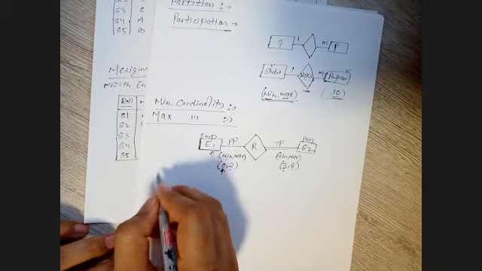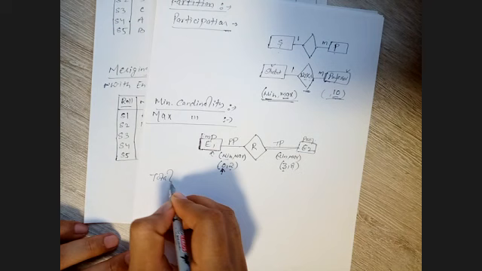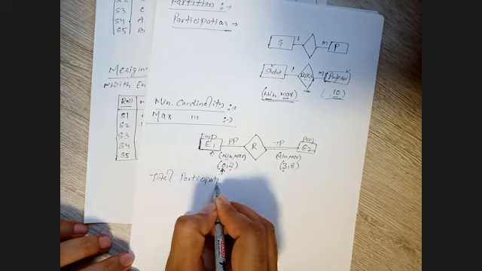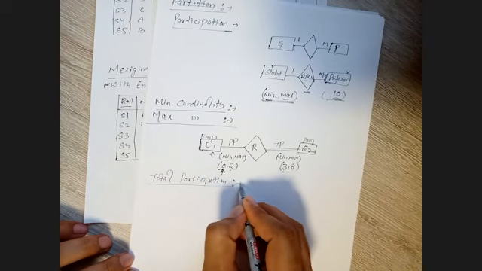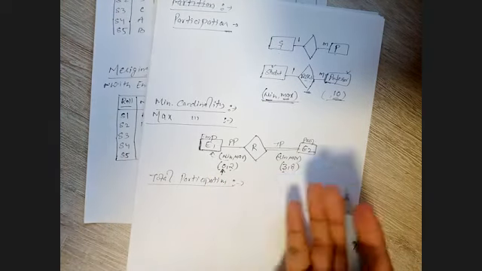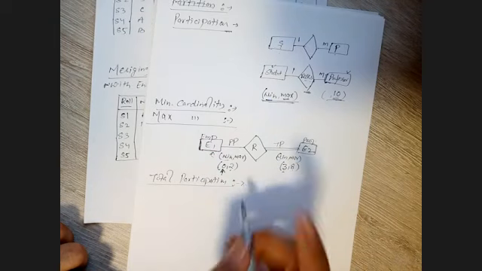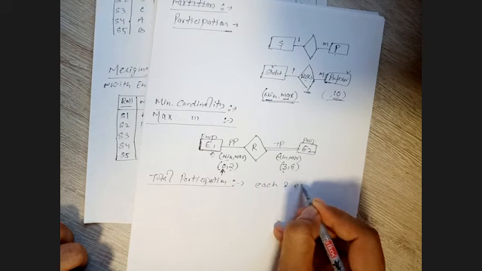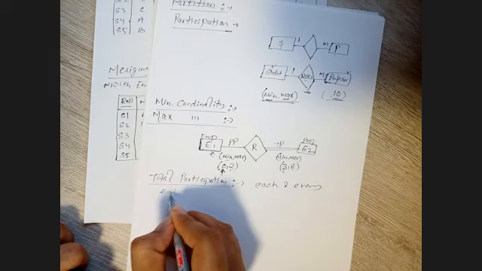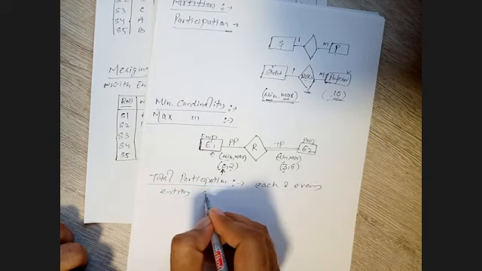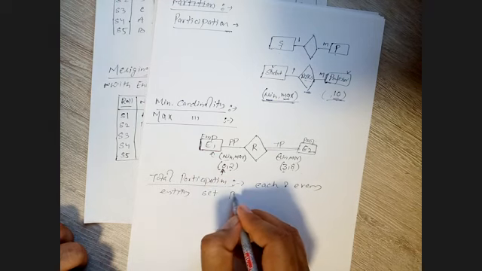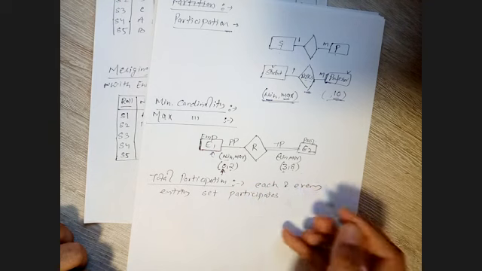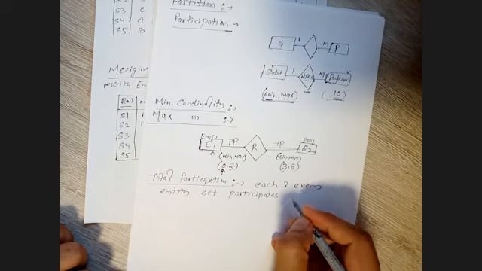So in participation, we have total participation. What is total participation again? An entity set is said to have total participation if each and every entity in the entity set participates in the relation.